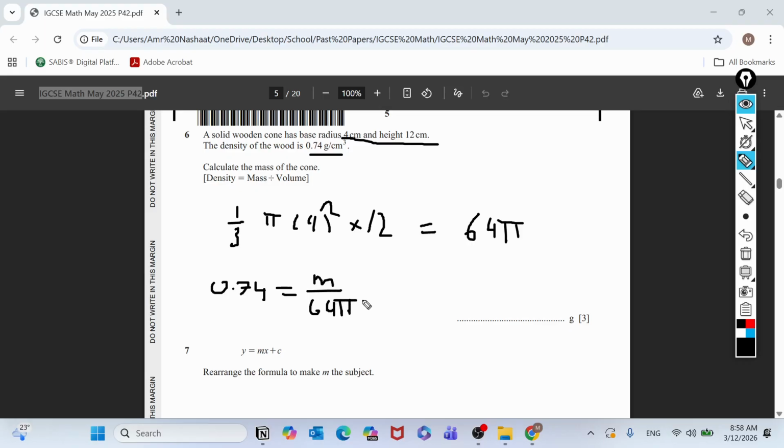You get mass equals 148.8 grams, and yeah, just round to the right amount of significant figures, or just round it up, yeah. You got 149.